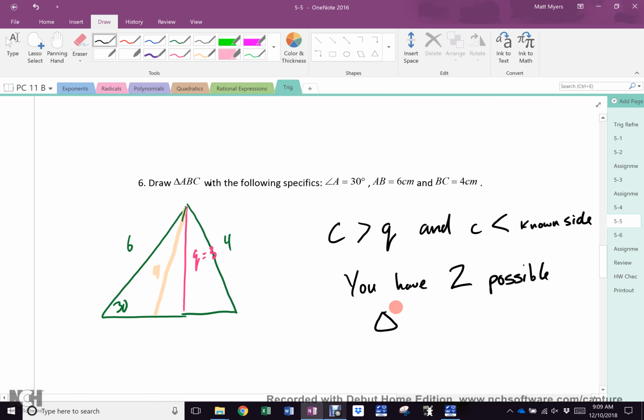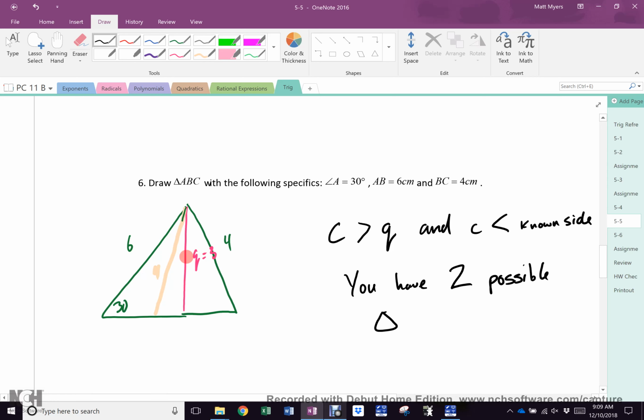Does everybody understand? I could have the green one, or I could have this peachy one. Is everybody with me? Because my third side is between Q and my known side. This is what I mean by ambiguous. You don't know which triangle I have here.